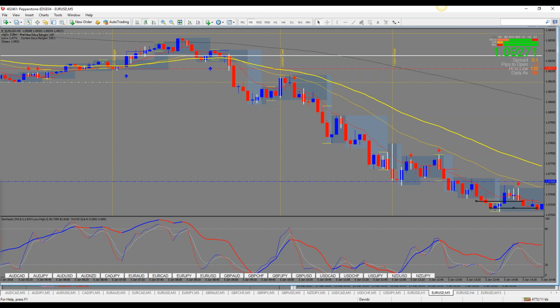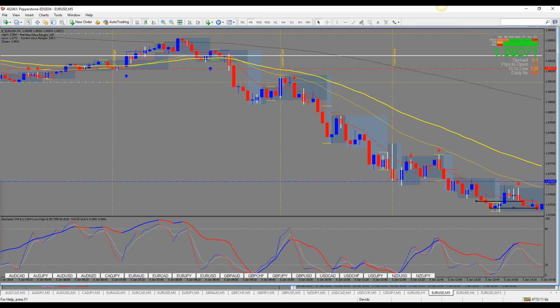All the pairs that you see at the bottom of my screen are the pairs that I trade every day. So I could be in a euro dollar 15 times in 2 hours, or I could be in it once, and then be looking at other pairs and doing the same thing.